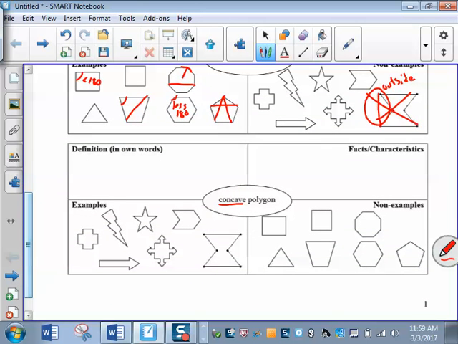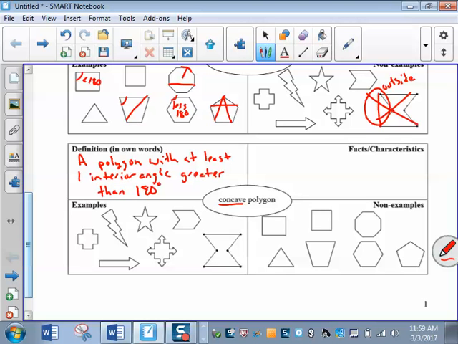Concave polygons are all the rest. So it's a polygon with at least one interior angle the measure greater than 180 degrees.